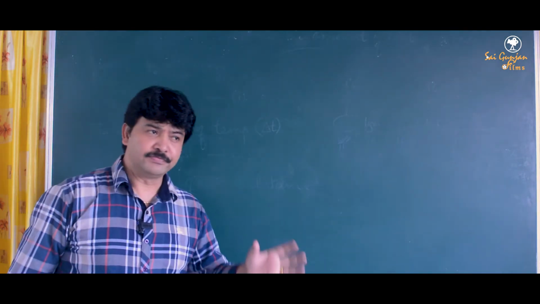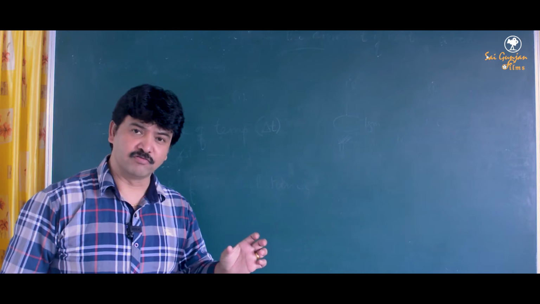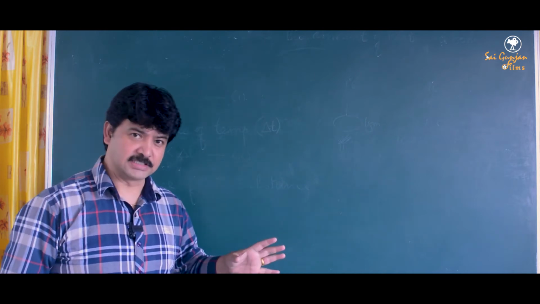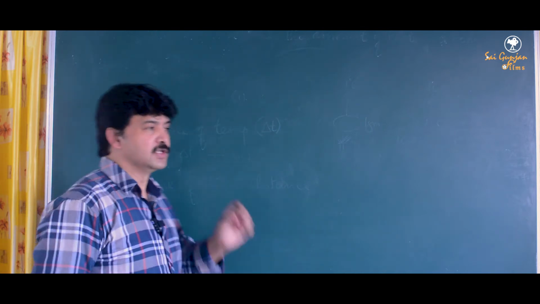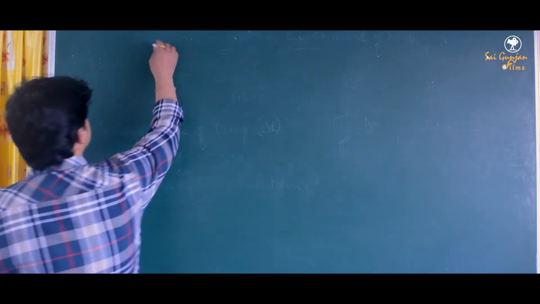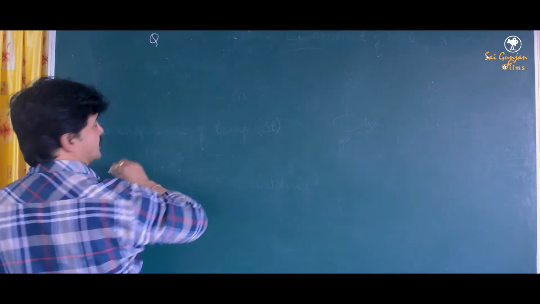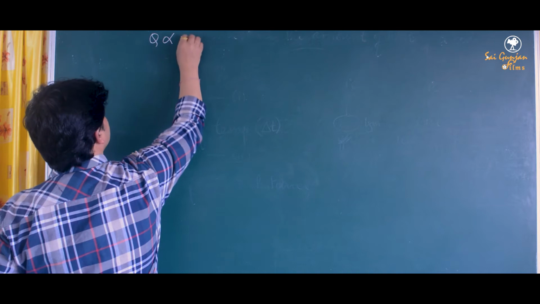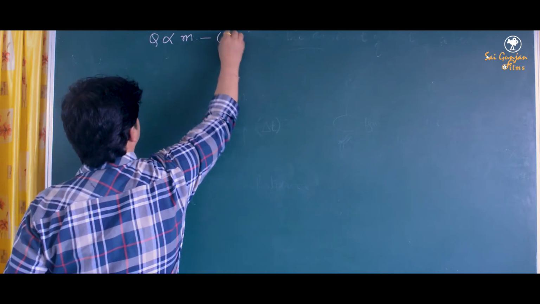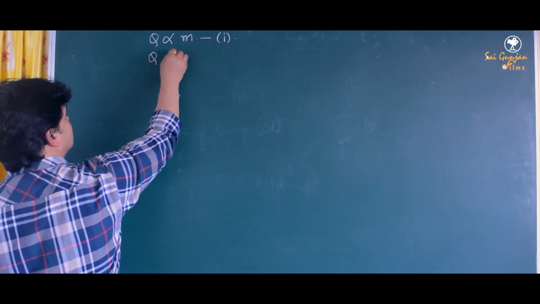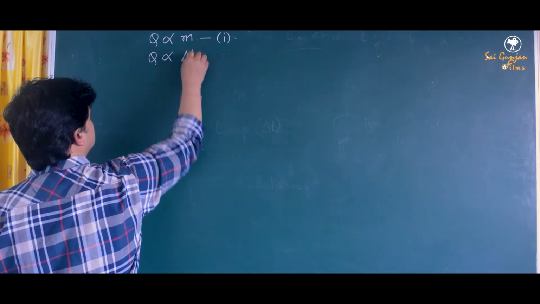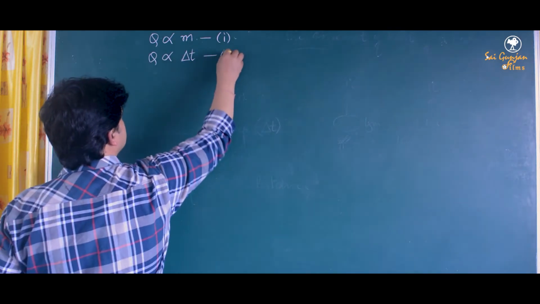Now to get the mathematical formula for the amount of heat contained in a body, we use the 2 equations like this. So Q, that's the amount of heat, is directly proportional to mass, and the amount of heat is directly proportional to the difference or the rise in temperature.